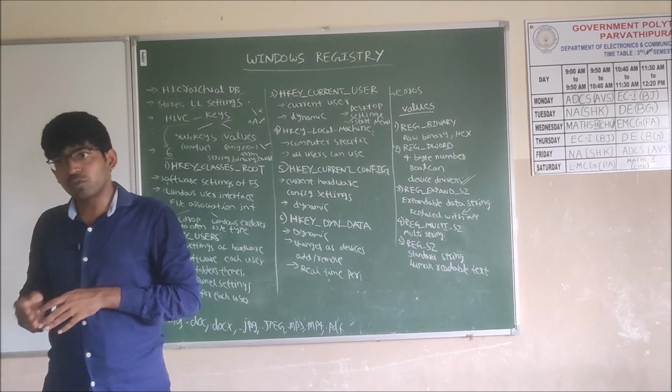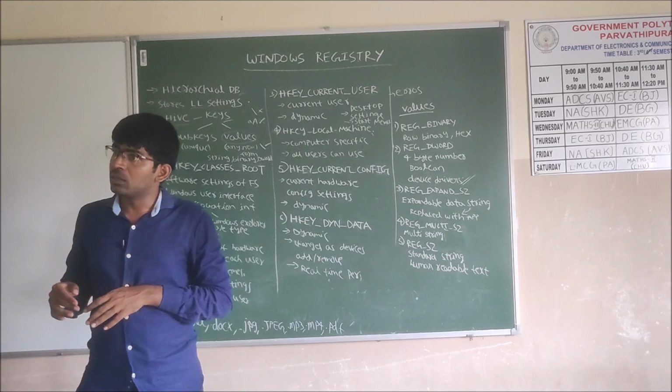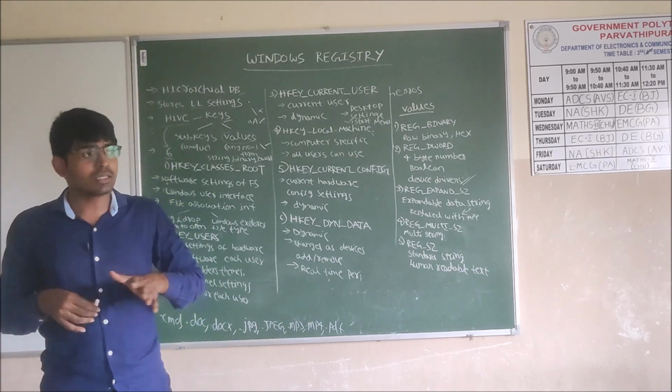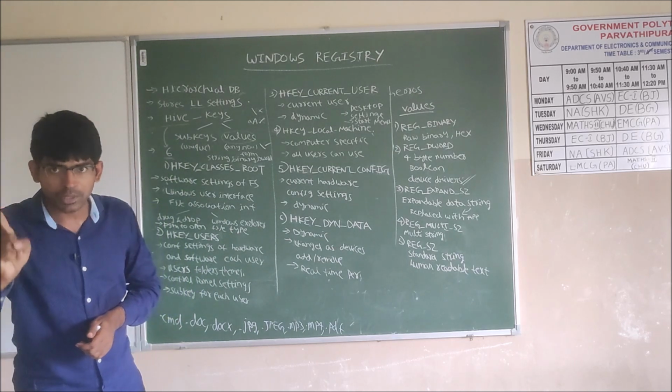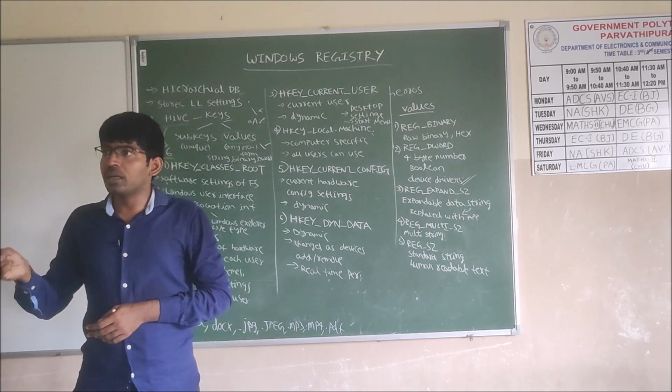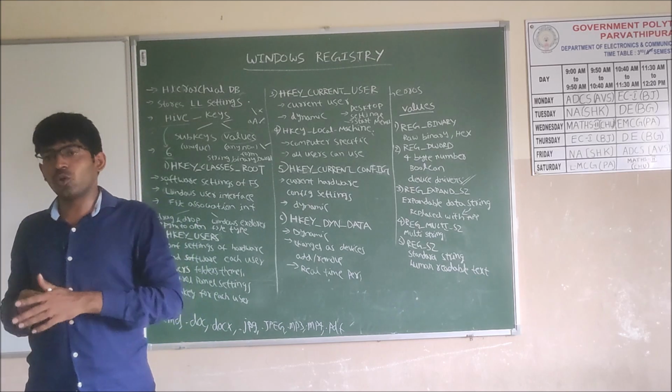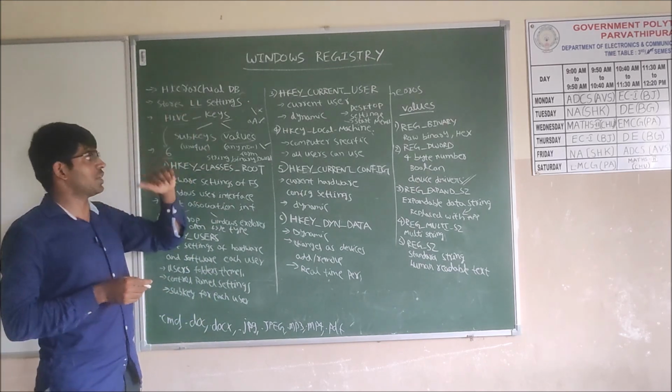All these types of low level settings can be stored in the Windows registry. So operating system related information and applications information, these low level settings, can be stored in the Windows registry.